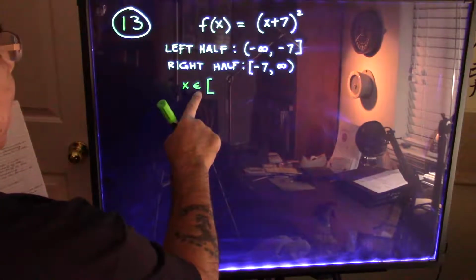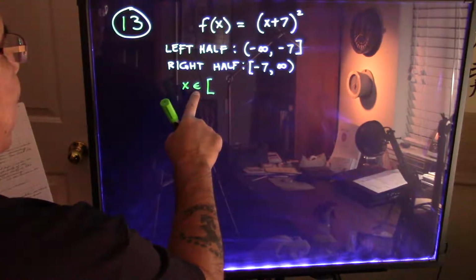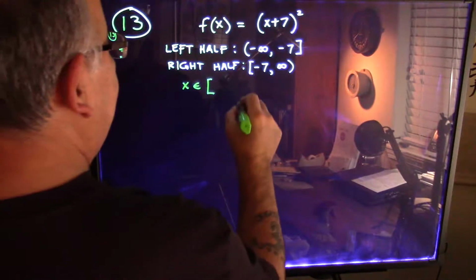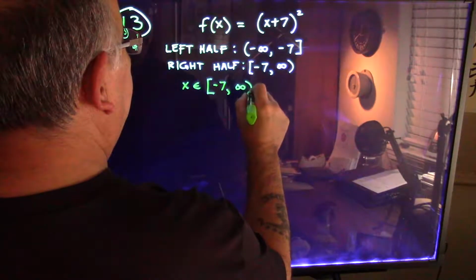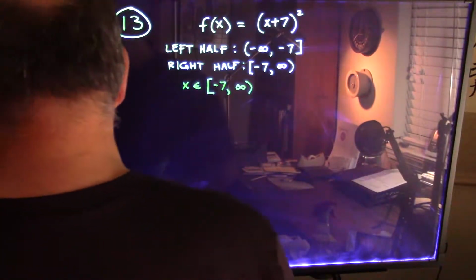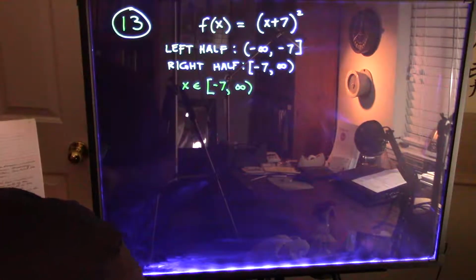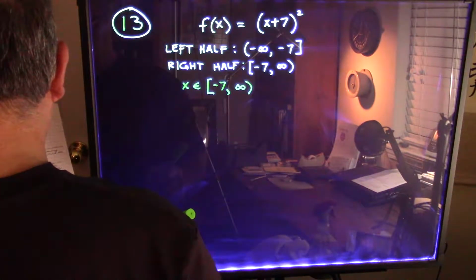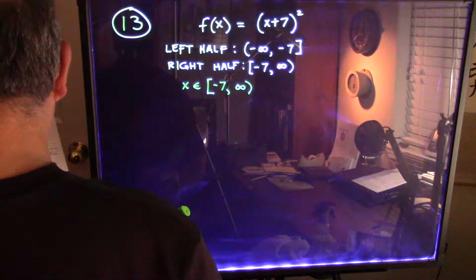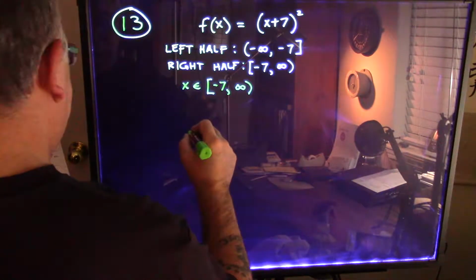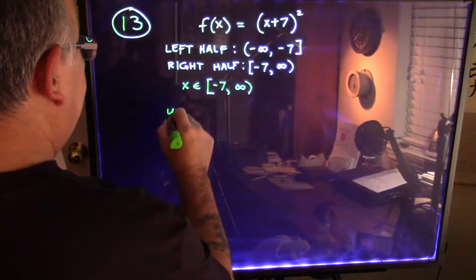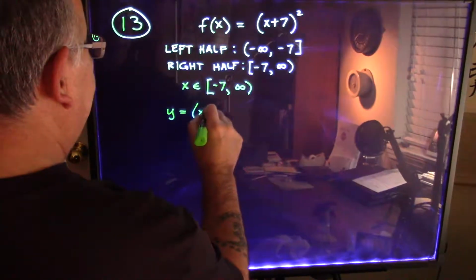This Greek letter epsilon means is an element of or is in. Negative 7 to infinity. Alright, so that's our new domain. So instead of writing f of x equals x plus 7 squared, we're going to change that to y equals the quantity x plus 7 squared.